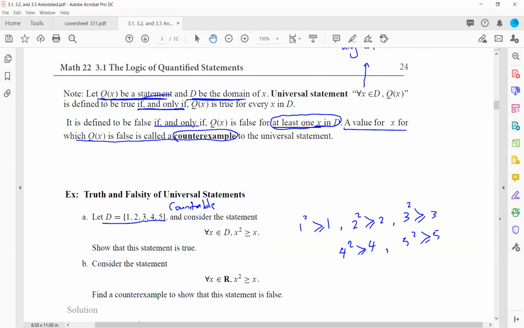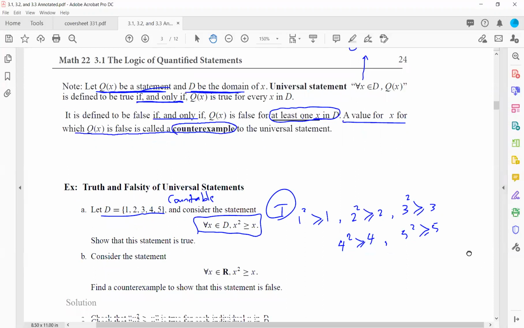For every element in the domain, we prove that this statement is true. So if you restrict yourself to this domain, this statement is true.